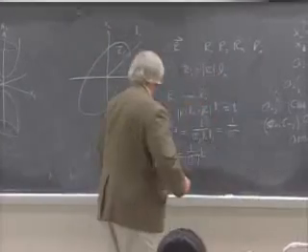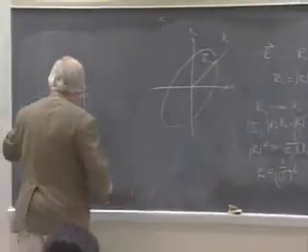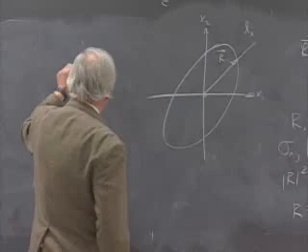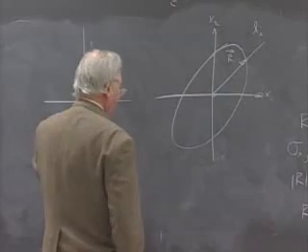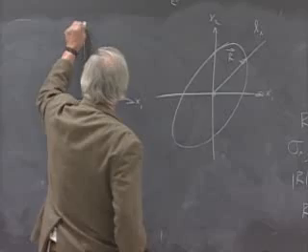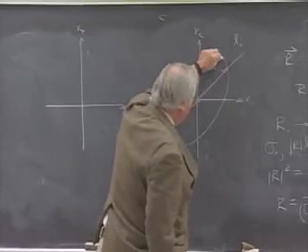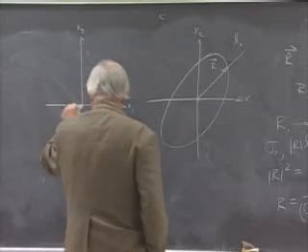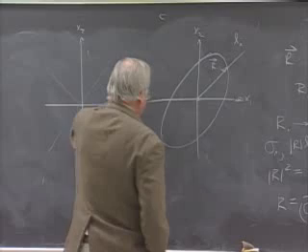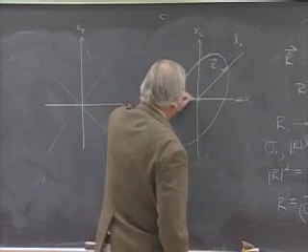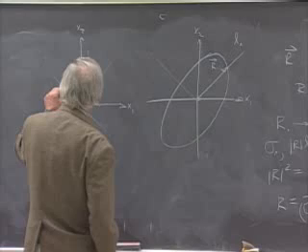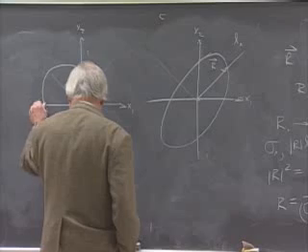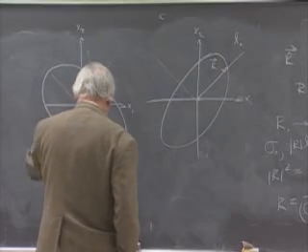In fact, we could put the two surfaces side by side. If this is the quadric as a function of direction, and we make a polar plot of the property as a function of direction, it's going to look sort of like the reciprocal of this. The minimum value of the property will be in the direction of the maximum value of the radius of the quadric, and the maximum value of the property is going to go in the direction of the minimum value. So the value of the property as a function of direction is going to be a quasi-ellipsoidal sort of variation, but not really an ellipsoid.